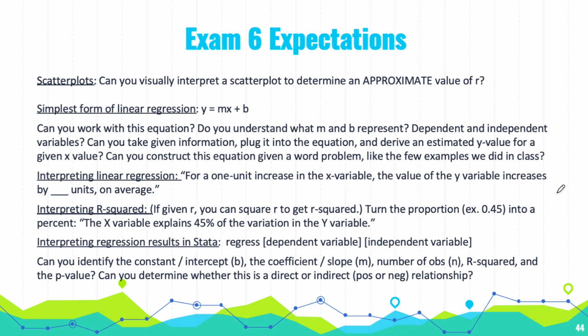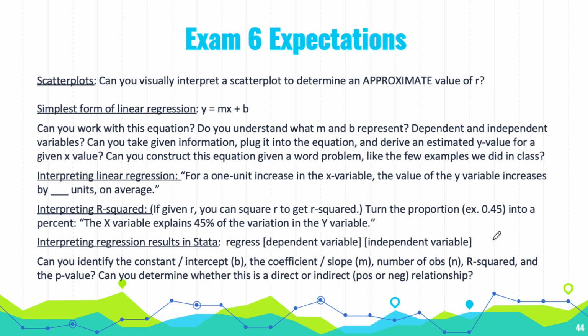You'll want to interpret linear regression results using this sentence. For a 1 unit increase in the X variable, the value of a Y variable increases by blank units on average. You'll want to interpret R squared on this exam, and if you're given R, all you have to do is square it to get R squared. Turn that proportion into a percent, and then explain it by saying the X variable explains 45% of the variation in the Y variable.